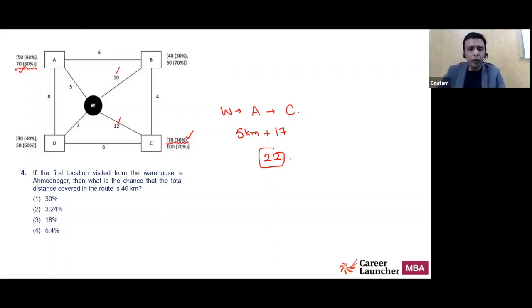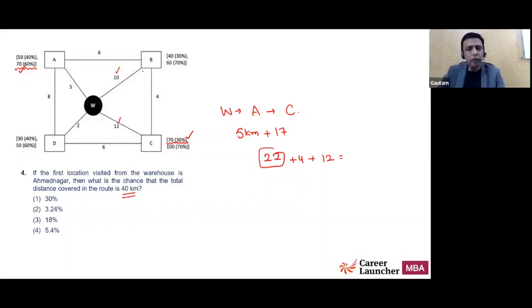He'll go to B with 4 kilometers and then would come to D with 12 kilometers. So this would give you 22 plus 4, 26 plus 12, 38. Not a possible case. The total distance to be covered has to be 40 kilometers.